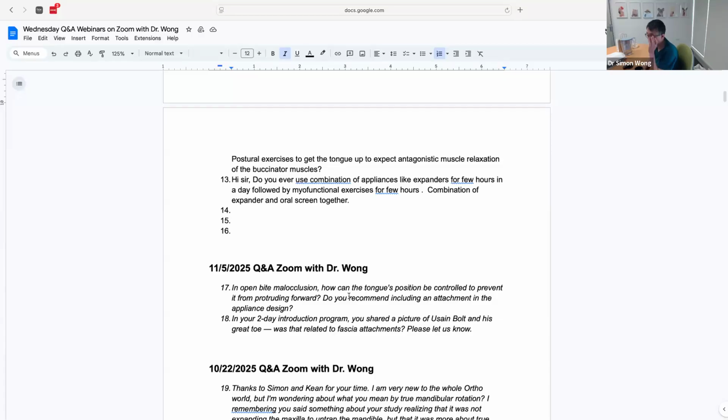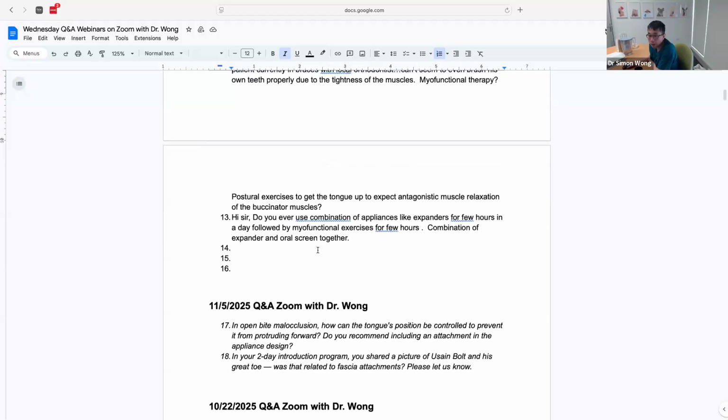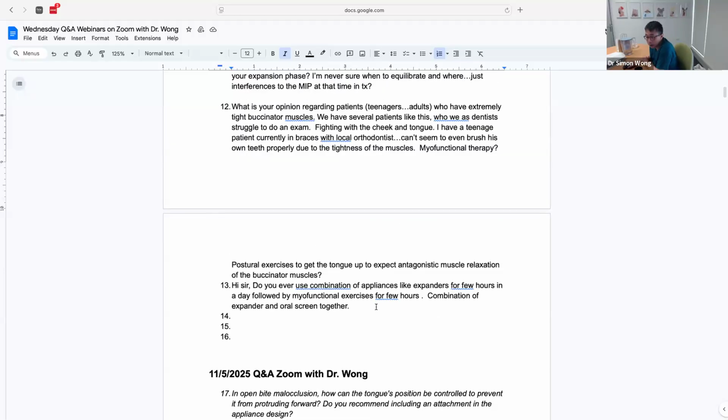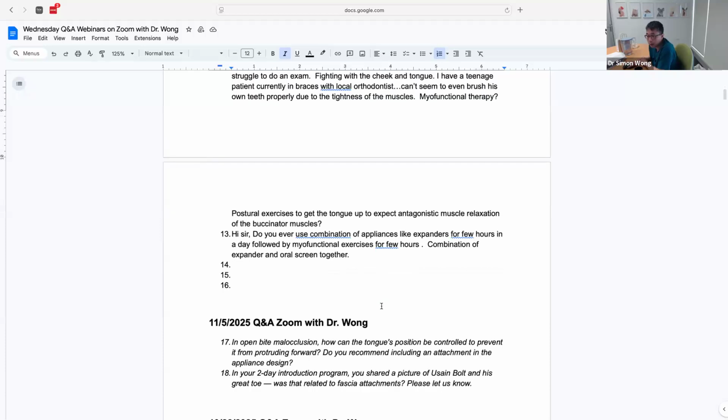It's a simple device that can be used when the bite relationship has reached a reasonable level with reasonable arch form and occlusion and space for the tongue. So that's a finishing appliance that we use in conjunction with GoFX, good oral finishing exercises. So that might answer both 12 and 13 in the Q&A section for today.